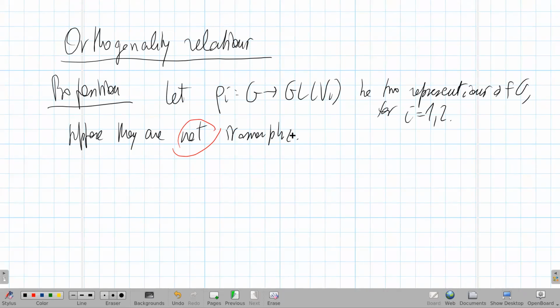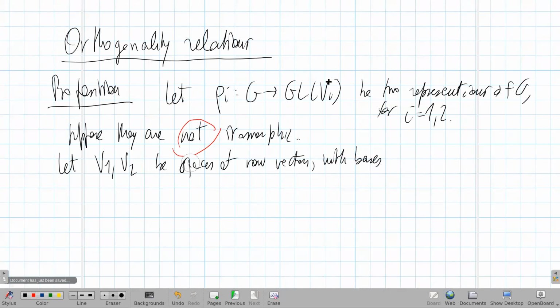For simplicity, we will take, let V1 and V2 be the spaces of row vectors. Remember, since my maps are on the right, vectors are row vectors with bases.